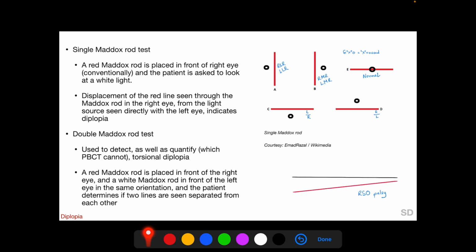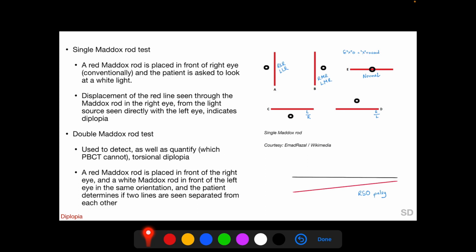And if the red line seen through the right eye is to the right of the white light source seen through the left eye, we have an uncrossed diplopia which occurs in esotropia, and if the red line seen through the right eye is to the left of the white light source seen through the left eye, we have a crossed diplopia which is seen in exotropia, and we can remember with a mnemonic: X in exo and X in crossed.